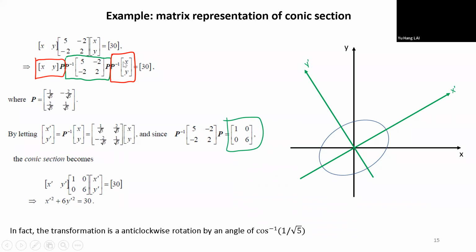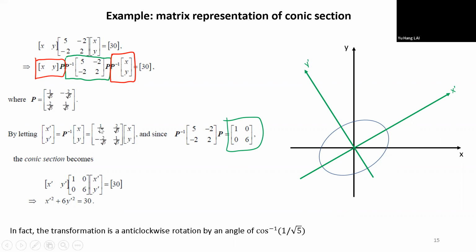Now, what is the meaning of this P inverse times xy? It means that I am going to apply a transformation matrix on this xy. I just call this x prime y prime, and this is given by the matrix P inverse multiplied by xy. So this is actually a coordinate transformation.